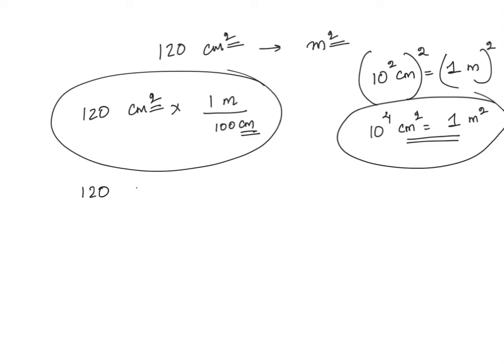So 120 centimeter square, 1 meter square is 10 raised to 4 centimeter square, and you can cancel out centimeter square and centimeter square. You cannot cancel out centimeter with centimeter square. We want you to keep that in mind. Okay, So these are some of the kind of problems that you will see in chapter 1.